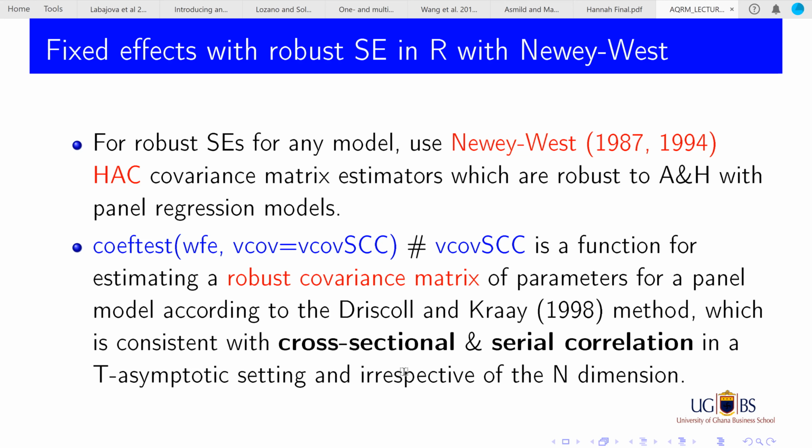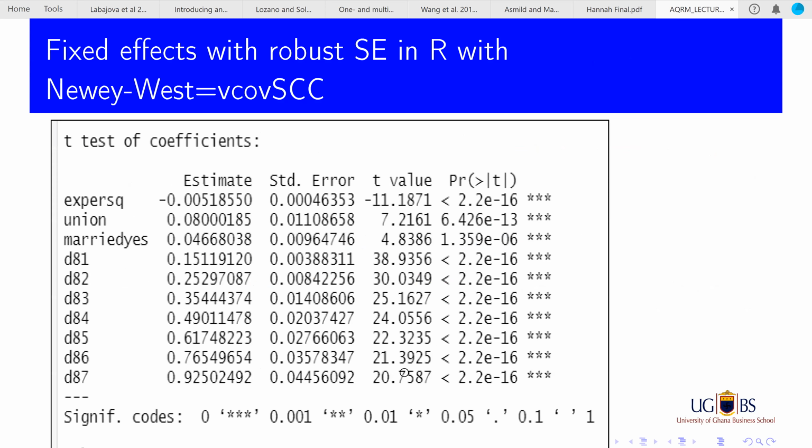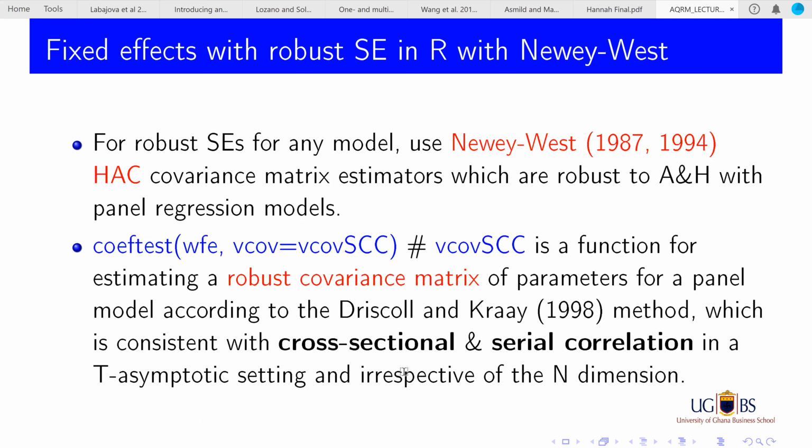This is a result for the Newey West, which is the one we just spoke about. And again, you can see that all of the variables are significant. Wherever Newey West is going, it brings some positivism because it's correcting for three things: cross-sectional dependence, autocorrelation, and heteroscedasticity.